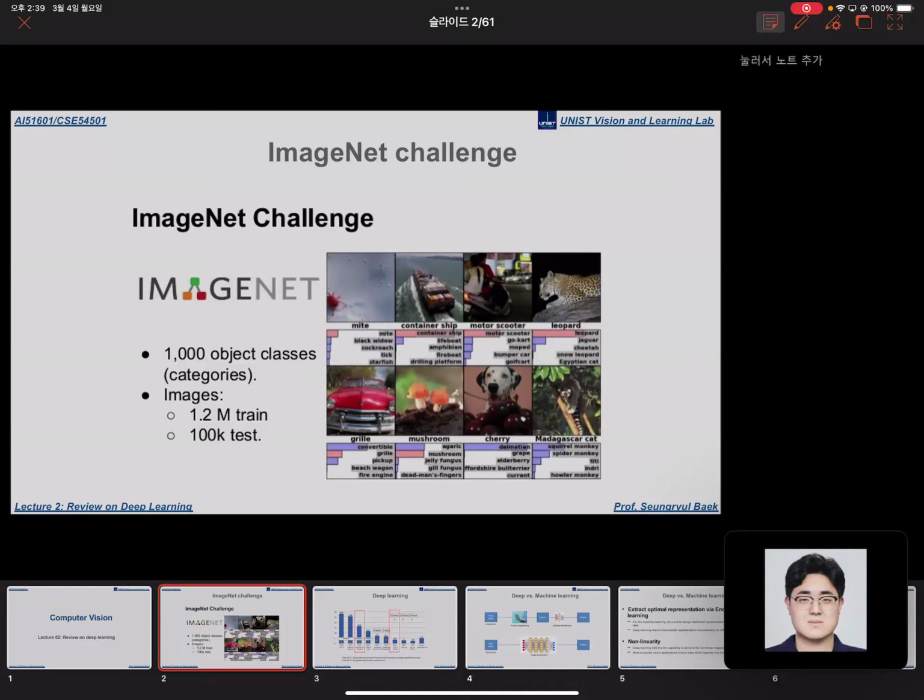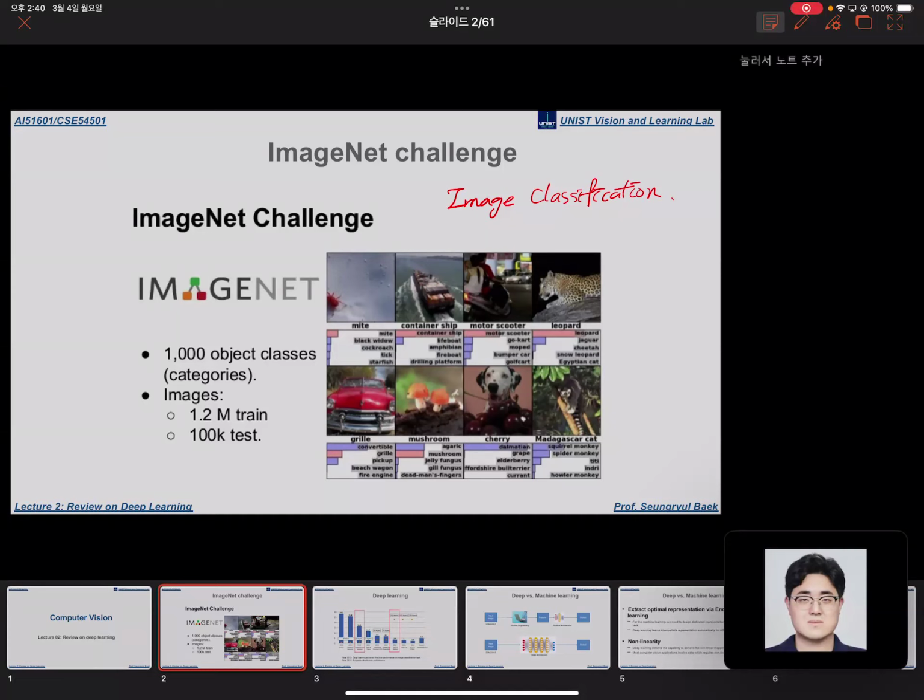I already explained this slide in the previous lecture, but this is the largest scale challenge in the image classification task. Image classification is the task that categorizes images according to their main object. They assume that there is just one object in each image, and the task is to classify images according to that main object.